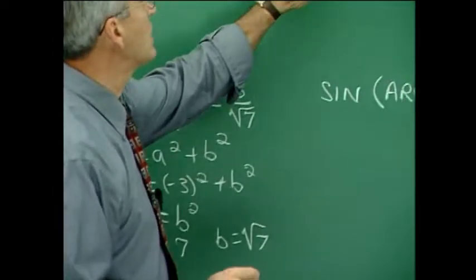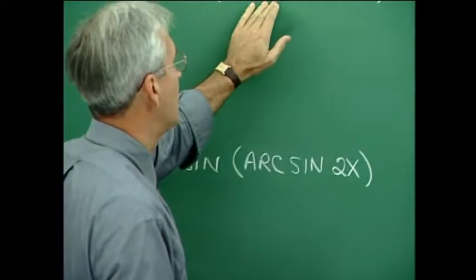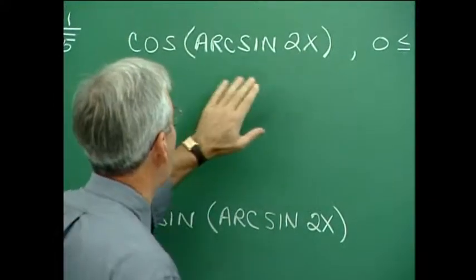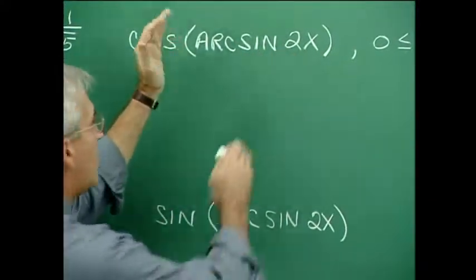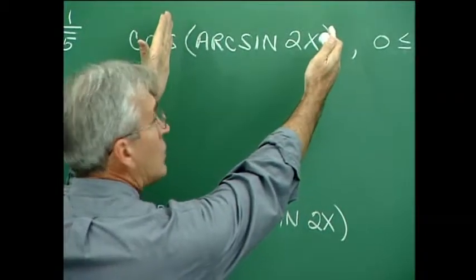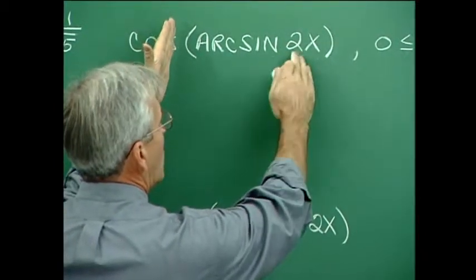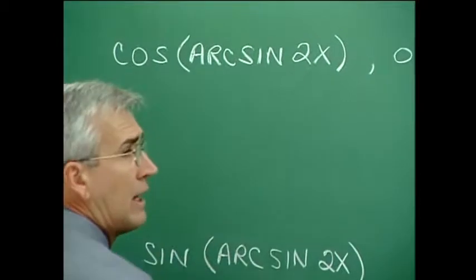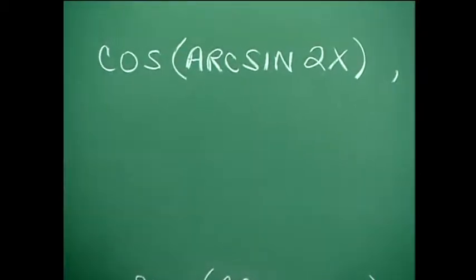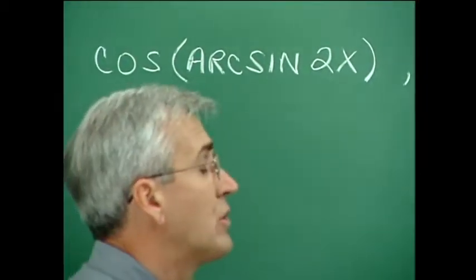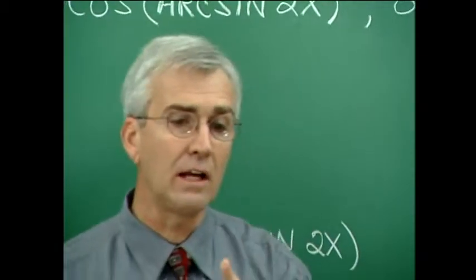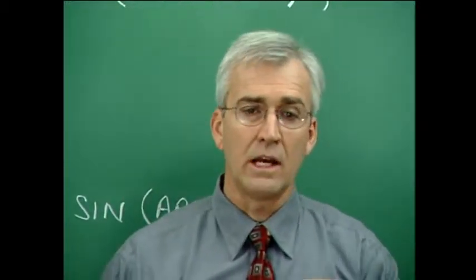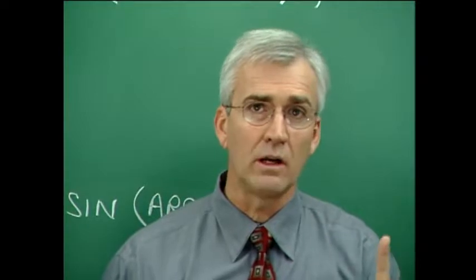This is the cosine of the arcsine of 2x. Now, arcsine 2x is a request for an angle whose sine is 2x. Wow, we have a variable in here. Now, we have to be a little bit careful. We know that the sine of angles is a number between negative 1 and 1.